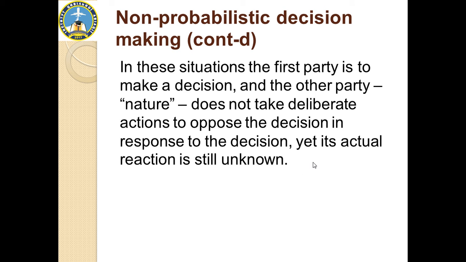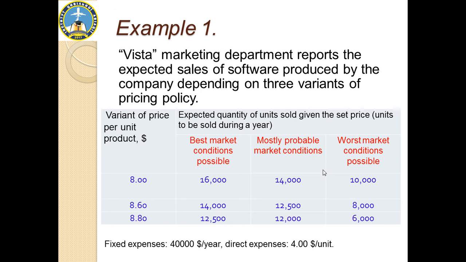Let's consider this example. This example is from business, and it's a simplification, but it shows all the basic elements of game theory. It all boils down to the so-called payoff matrix. We'll explain that in a while. But first, let's consider this example.